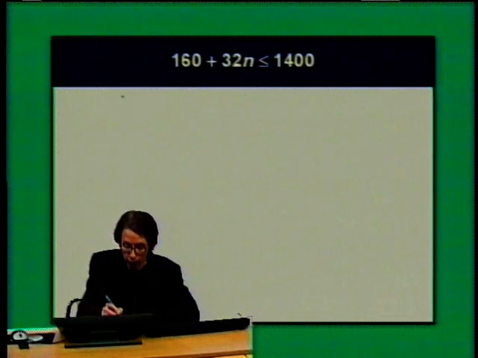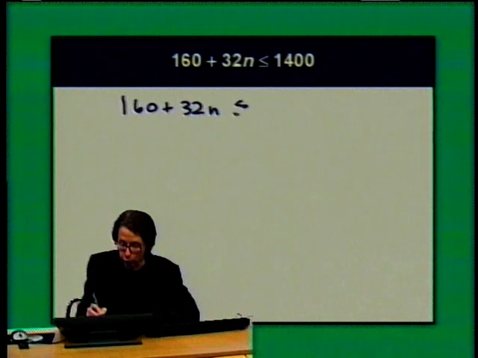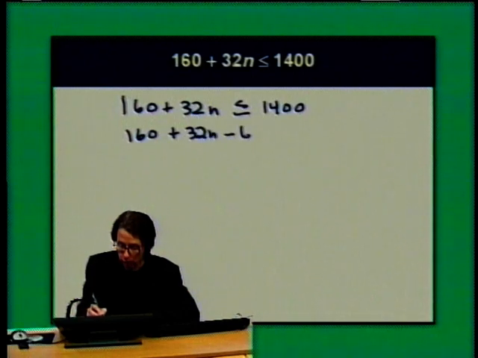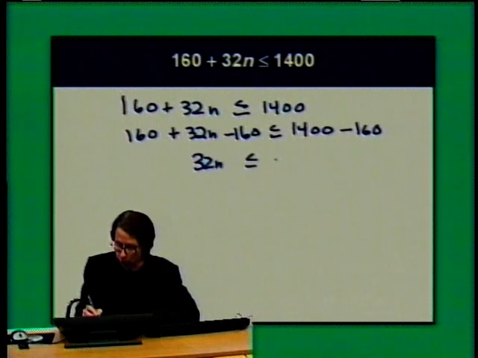So to solve the inequality, I'm going to start by isolating the variable term. So subtracting 160 from both sides of the inequality, I have 32n is less than or equal to 1,240.